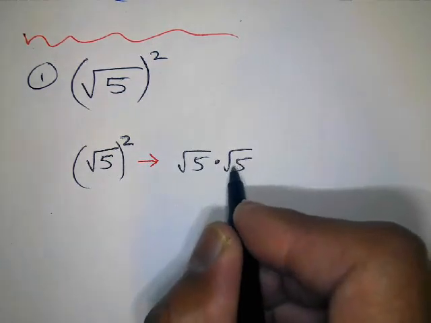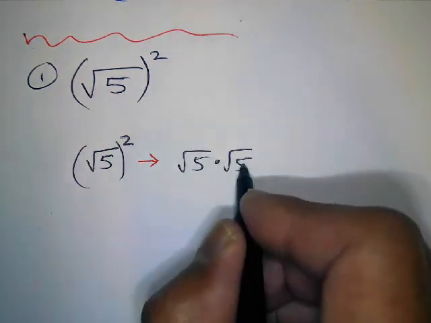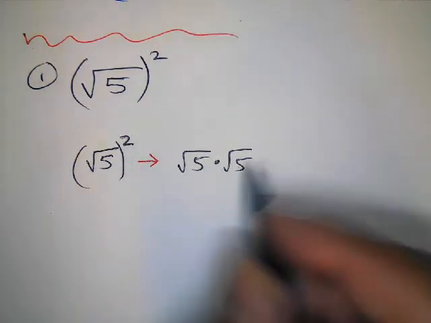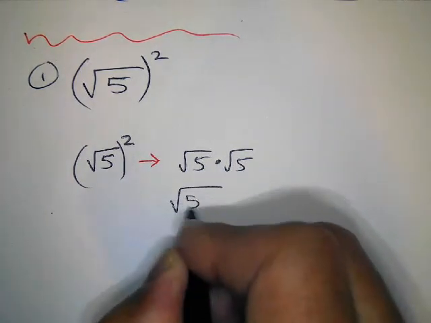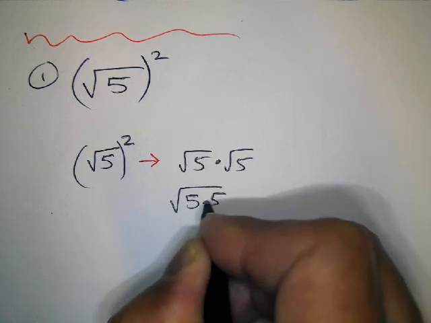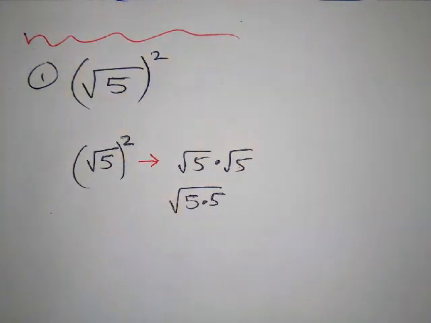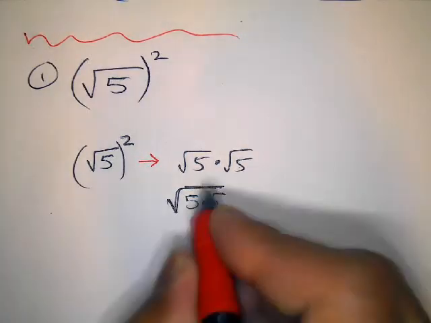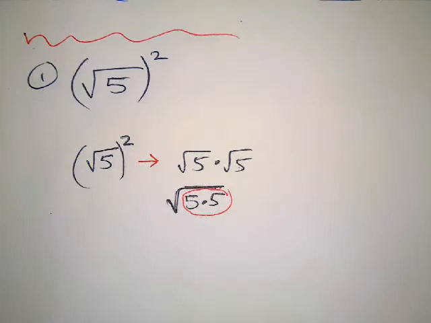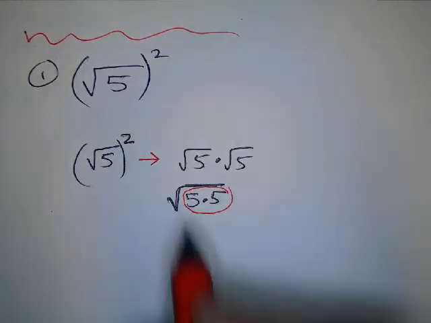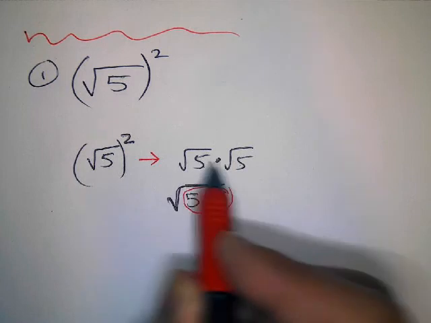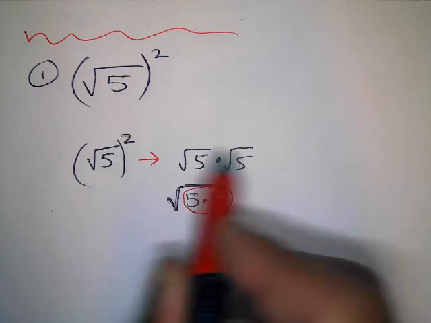Now, the square root of 5 times the square root of 5, actually, yes, you multiply, but don't get 25. Don't do 5 times 5 and do 25. Just leave it like this. Why? Remember on the first video I told you that whenever you have a square root, you want to have the same number twice, right? There has to be 2 of them that multiply each other.